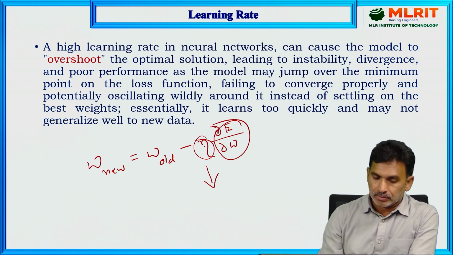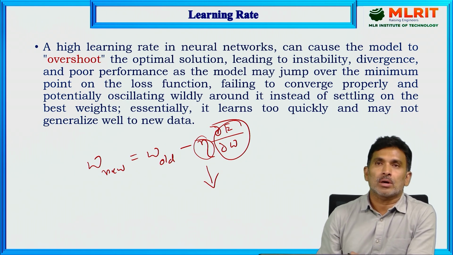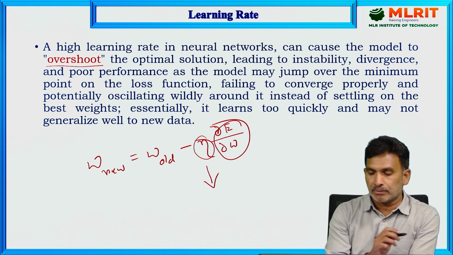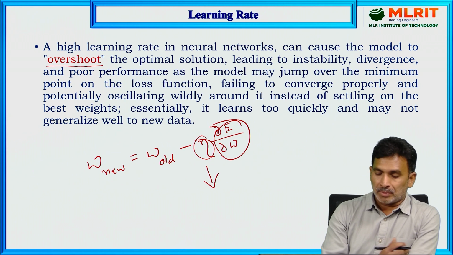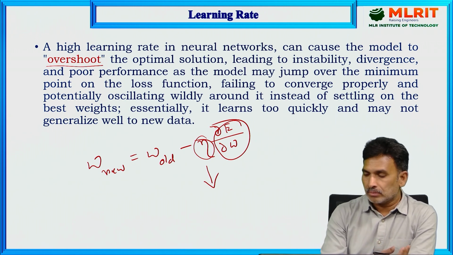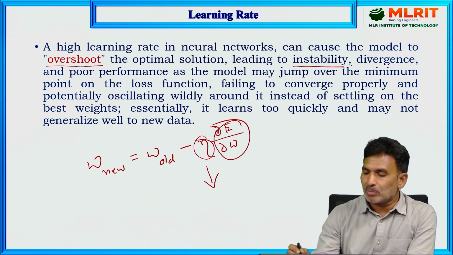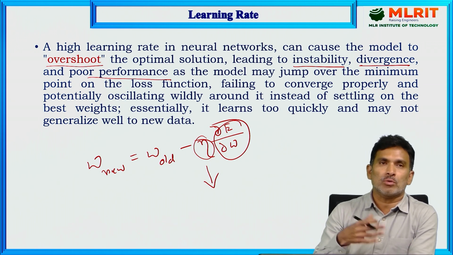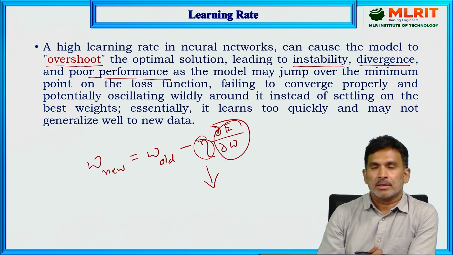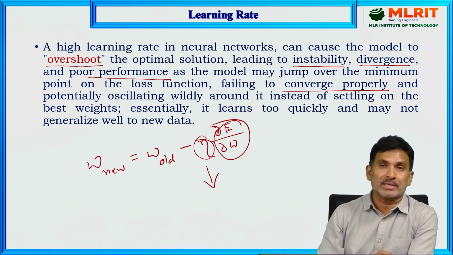How is this learning rate going to play a role? A high learning rate in the neural network causes the model to overshoot the optimal solution, leading to instability, divergence, and poor performance, because the model may jump over the minimum point on the loss function, failing to converge properly and potentially oscillating widely around it instead of settling on the best weights.